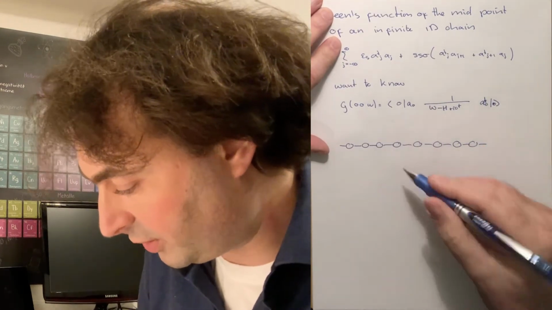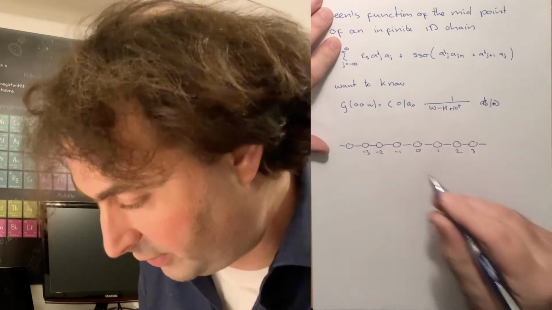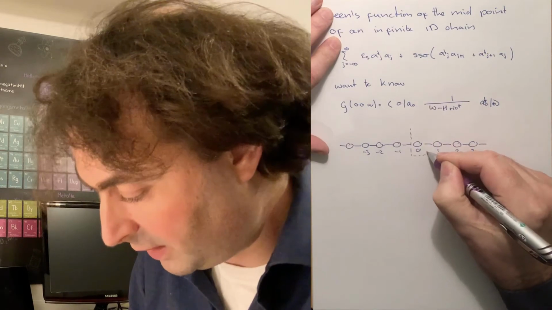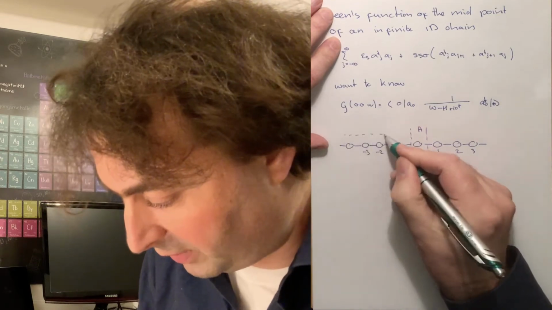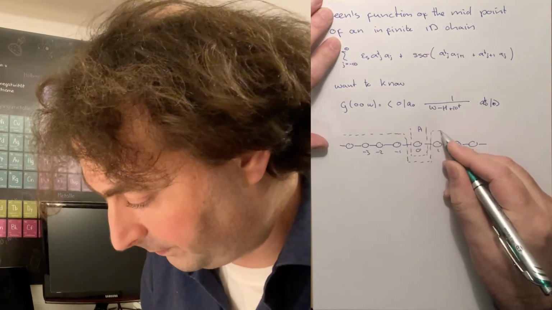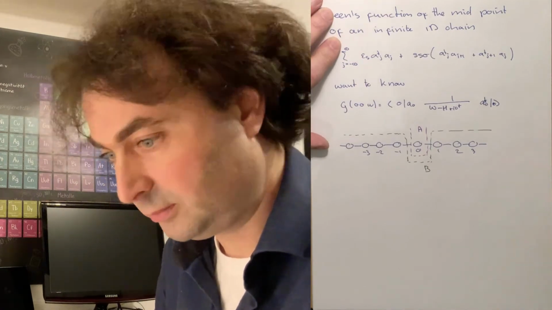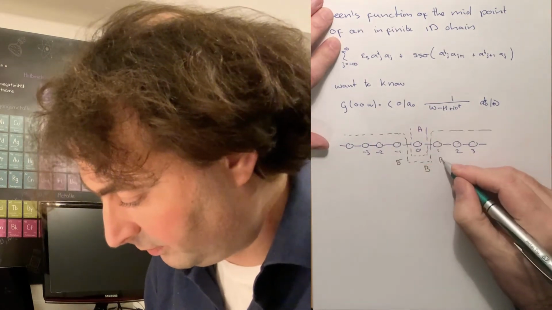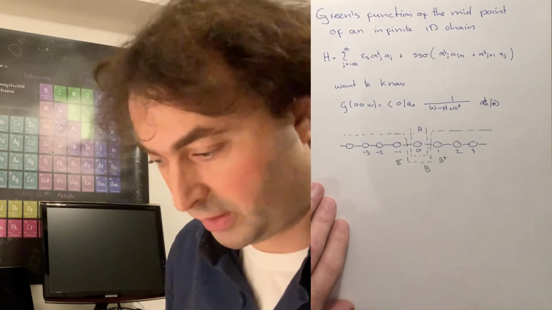We can label our sites 0, 1, 2, 3, minus 1, minus 2, minus 3, etc. We'll define the subspace A to contain site 0, and we'll define the subspace B to contain the rest. And we will be talking about B minus and B plus at some point for the states with negative index, and for states with positive index.